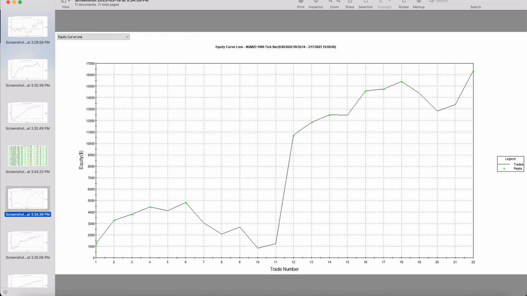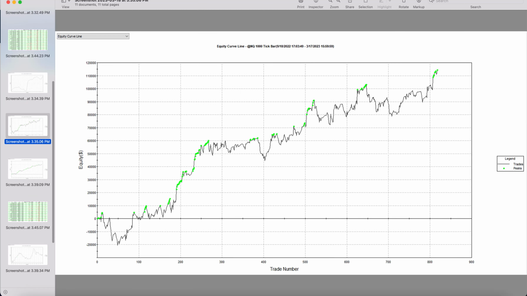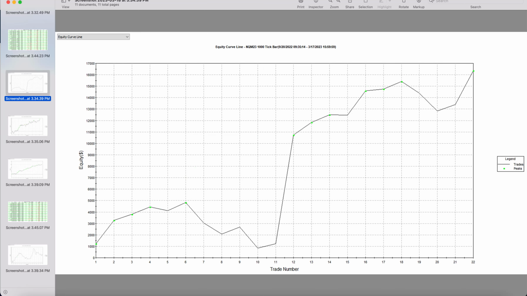Then we go on and look at the NQM. It's the next contract, where we have new equity peaks. That's where these green dots come in. And then we can look at this on a 6-month basis, where we got those new equity peaks. You can see the big downdraft back here.